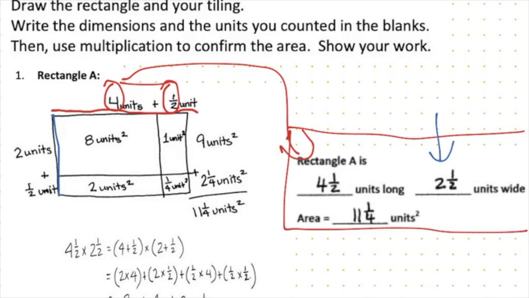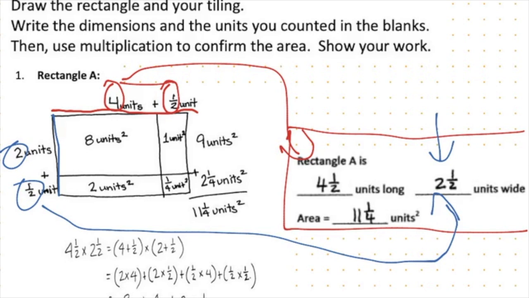They broke down the whole number and the fraction, 2.5, and that's where we get units wide. Now we remember the formula for area is equal to the length times the width. So 4.5 times 2.5 is equal to 11.25. First, let's go through that multiplication. We're doing area, which is length times width.